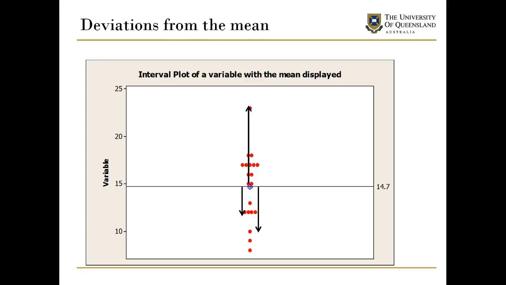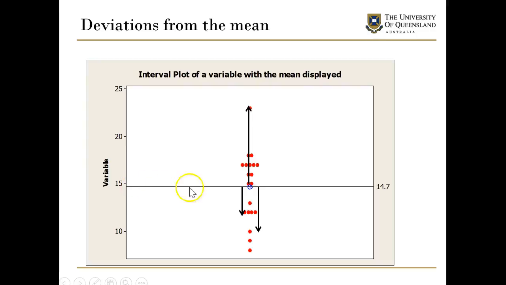Let's just look at what a deviation from the mean is, and I'll just explain this to you. So here we have the variable. It doesn't really matter what it is in this case. We've got individual values from 10 up to 25. And these red dots represent all the data points, okay? So these are just all our data points, including this one up here.